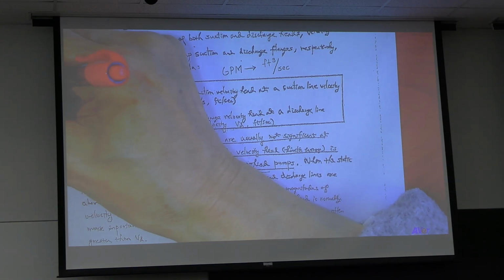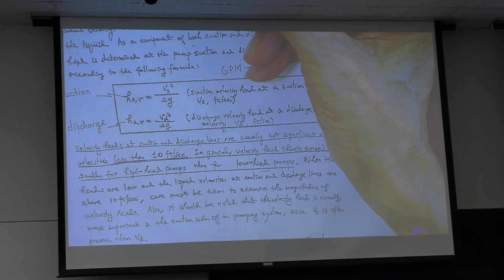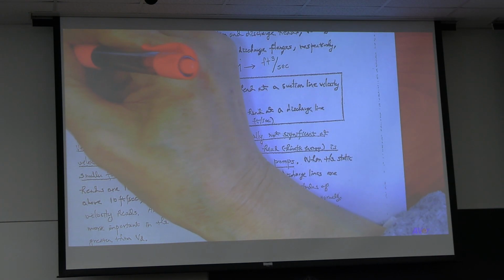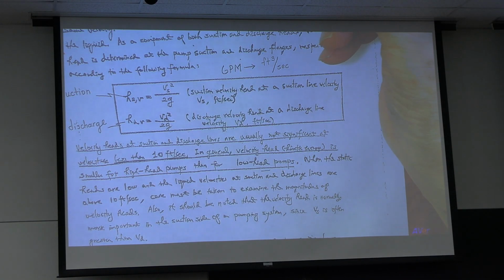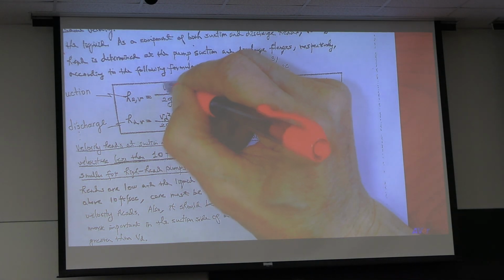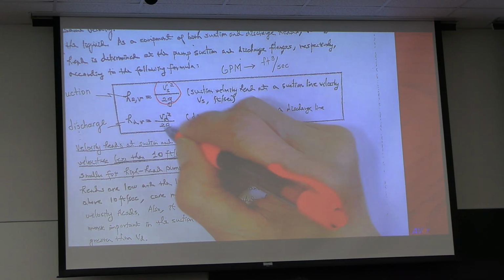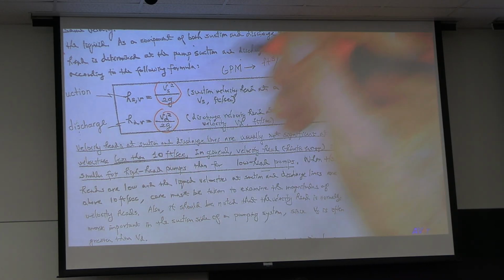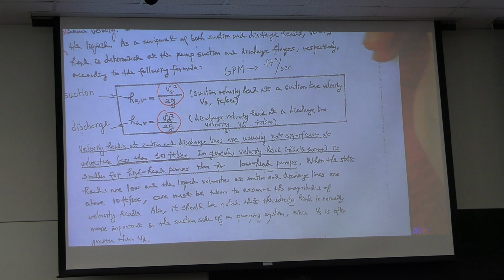Section side linear velocity, this is your gallon per minute. Velocity head: Vs squared over 2g, Vd squared over 2g, discharge section.